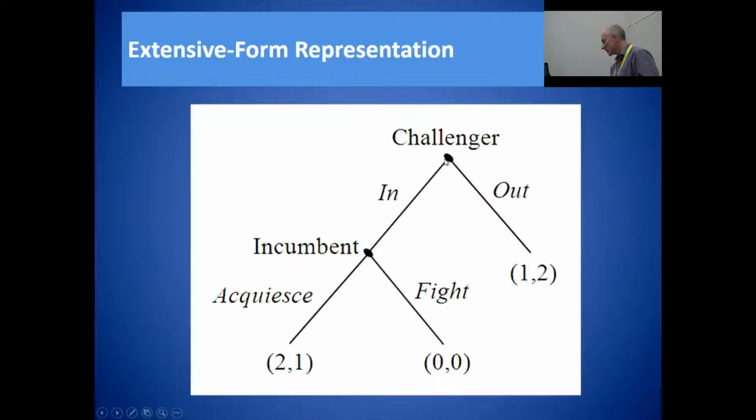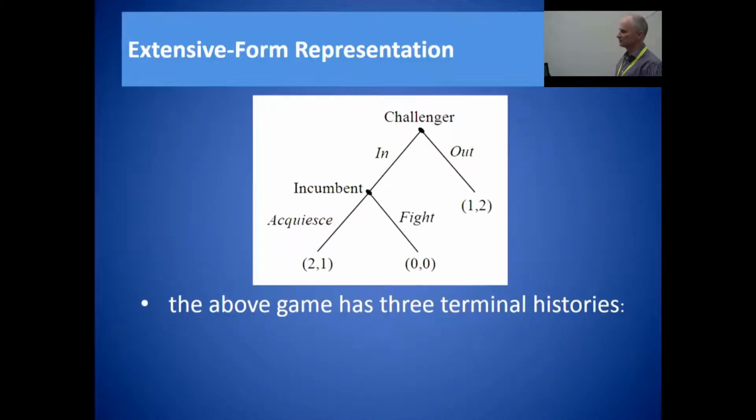And then for the incumbent, his most preferred outcome, and he gets the 2 there, is for the challenger to stay out of the market. So all we've represented here in its extensive form is what I described previously. That very, very simple game of market entry, where those numbers just represent the preferences that we've described.